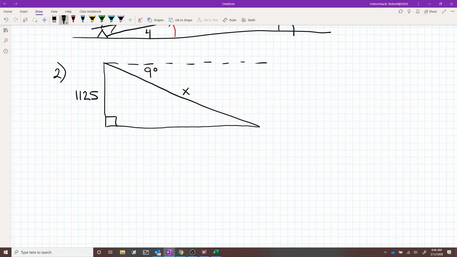To the nearest tenth of a mile, how many miles? Be careful on this one, because this is in miles. How many miles from the runway is the airplane at the start of this approach?